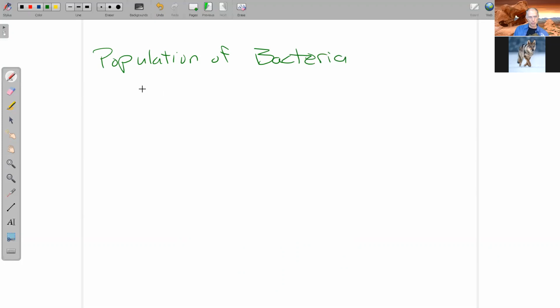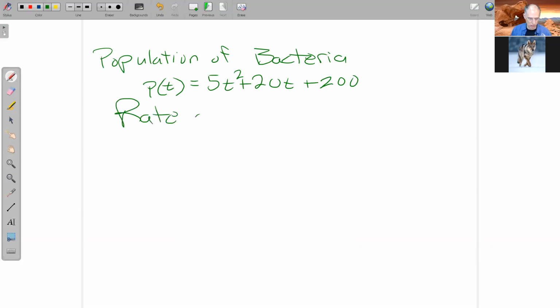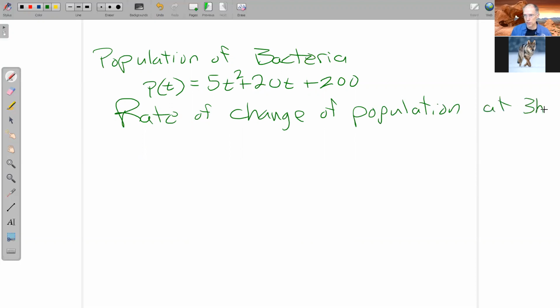Let's suppose we've been studying this and we've measured the population, and we found a pattern to the population that is 5t squared plus 20t plus 200. And we want to know what's the rate of change of the population at 3 hours.